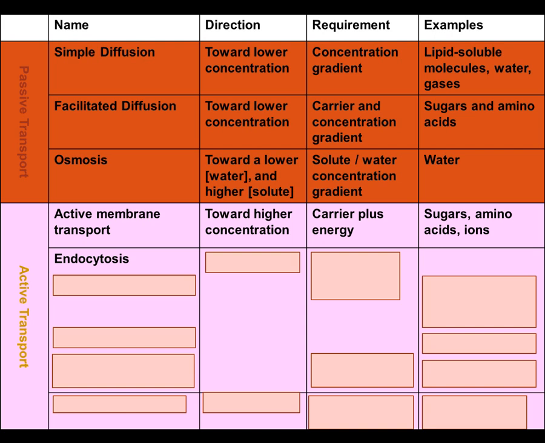And so in endocytosis, we're looking at a much bigger area of the cell, where the cell membrane will actually pinch around something and then encapsulate it with a little vesicle. We had to trap something that was originally on the outside of the cell to bring it inside of the cell. So endocytosis brings vesicles into a cell.